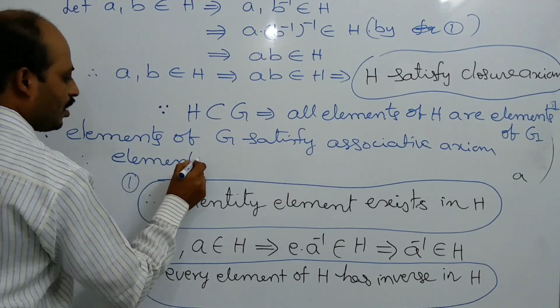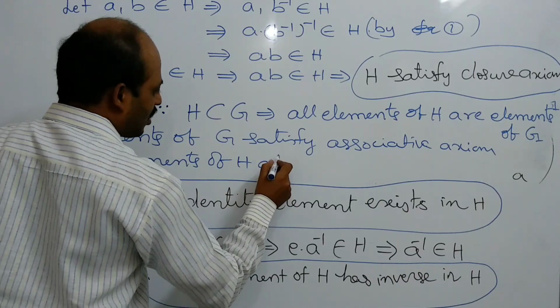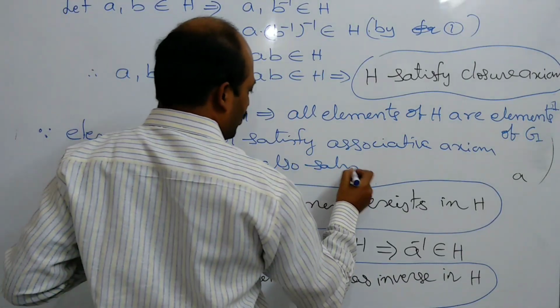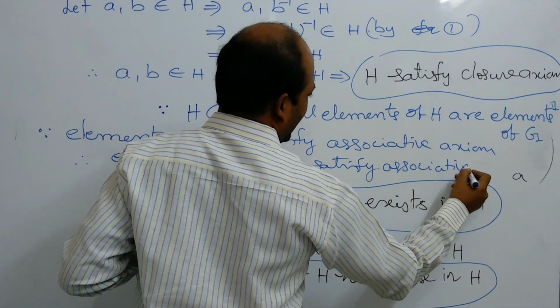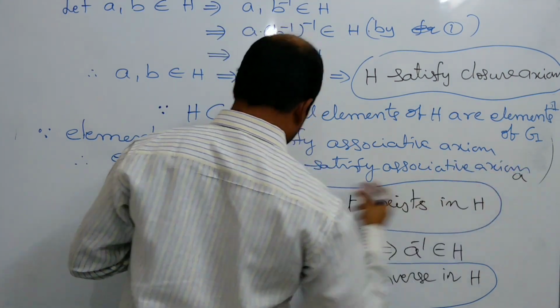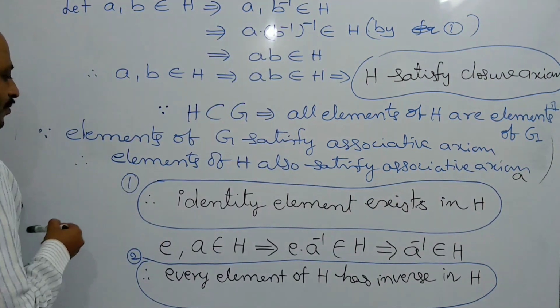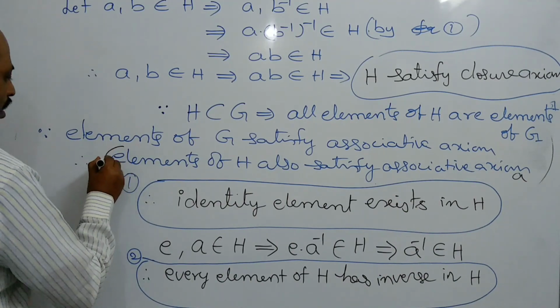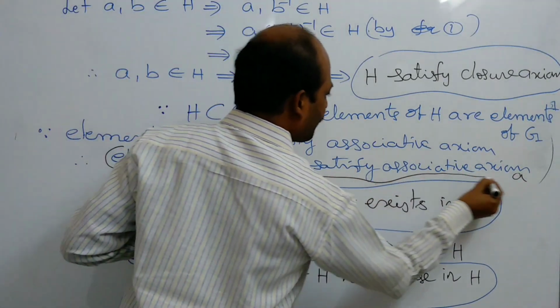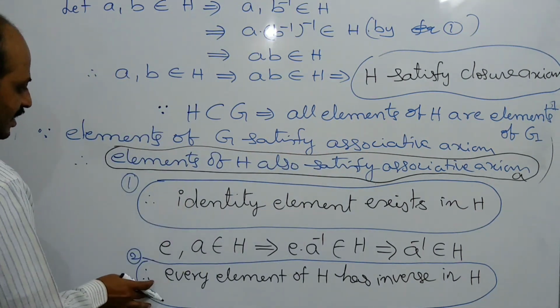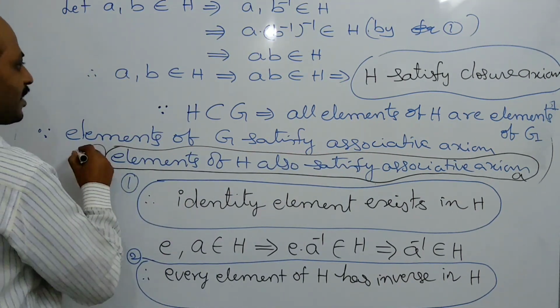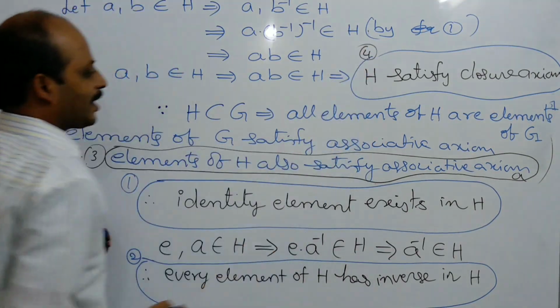therefore elements of H also satisfy the associative axiom. Now you observe that all four properties of a group are verified: identity exists, inverse exists, associative axiom holds, closure axiom holds.